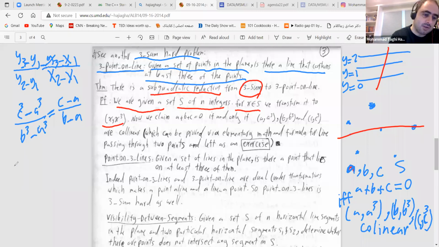So that would be equal to c minus a times c squared plus ac plus a squared, over b minus a again, times b squared plus ab plus a squared.